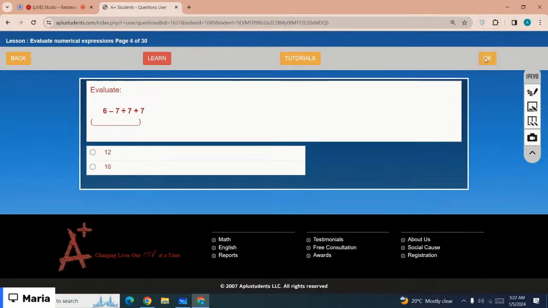Okay, the next one is 6 minus 7 divided by 7 plus 7. So, which is the correct option? You have to go from left to right, you have to do division first. Which is the correct option? Use your notebook and pencil, solve the question on your notebook, and write the answer in the chat box. Which is the correct option?